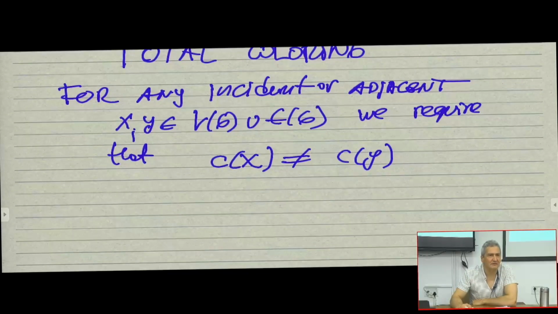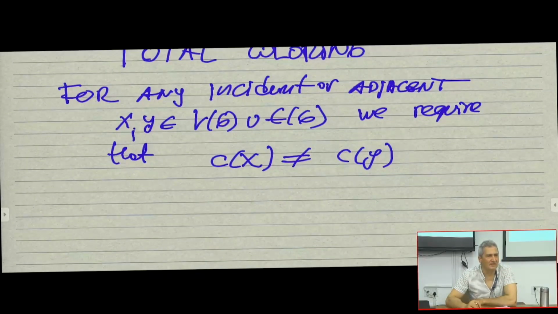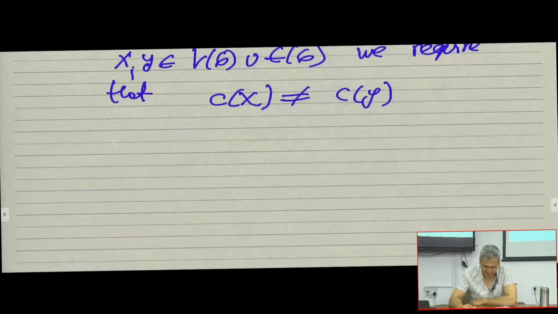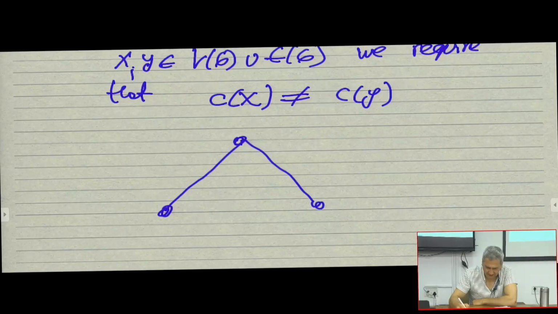So let's see what is the simplest non-trivial example. Let's say we have at least one cycle. If you take a triangle, we have to color the three edges and the three vertices. So we can put color maybe 1 here. We must put on the edges 2 and 3.